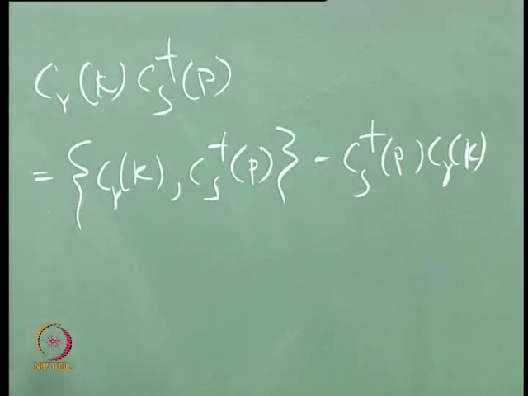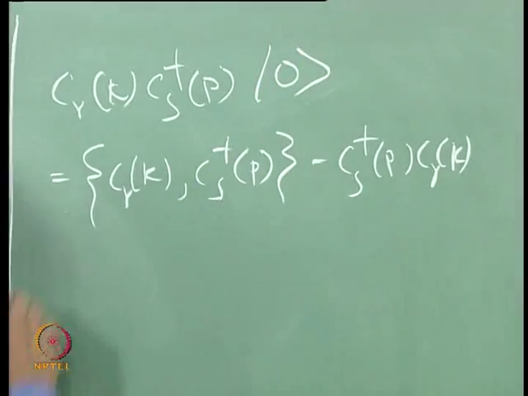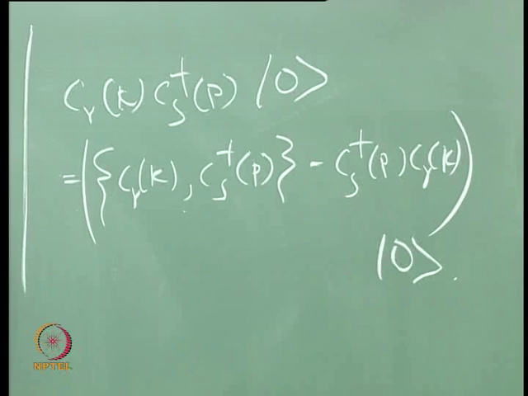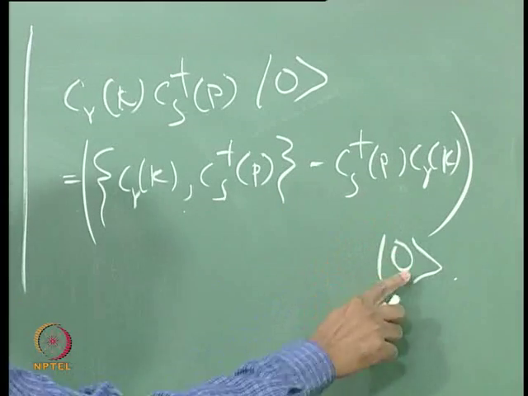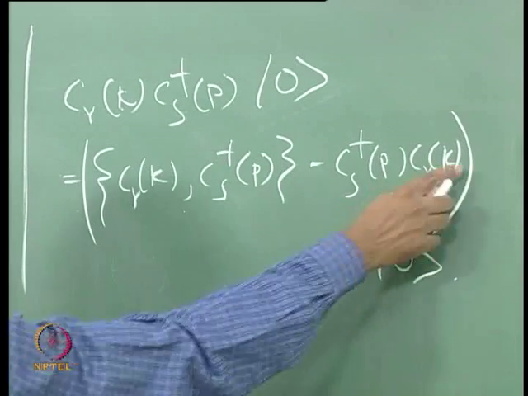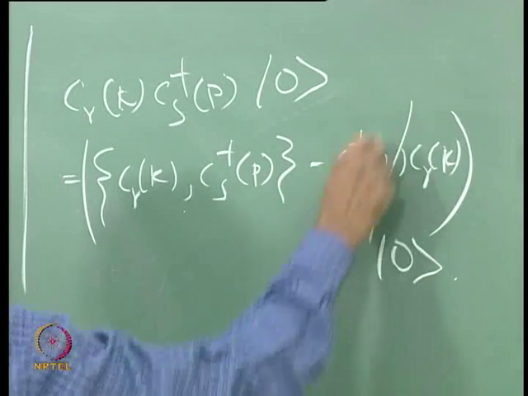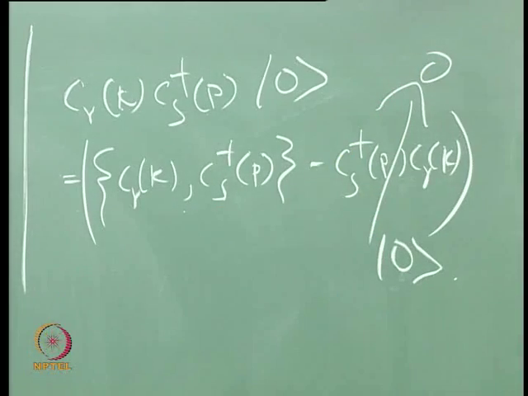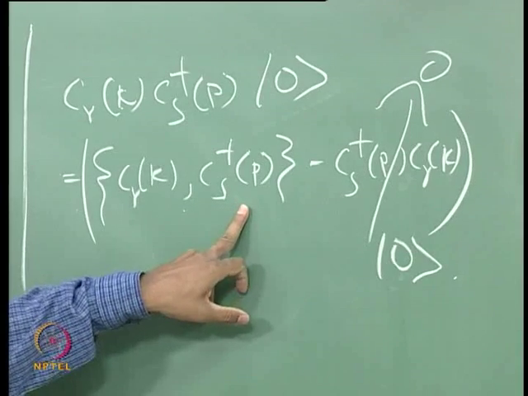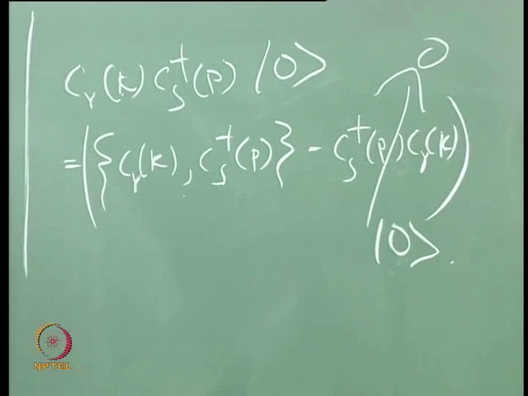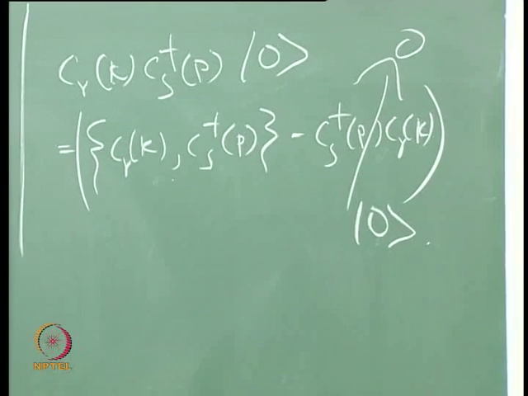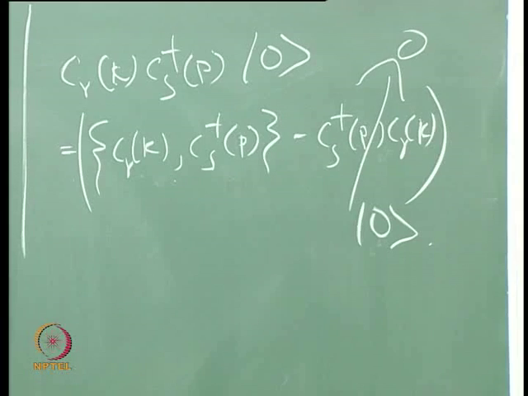Now, when this whole thing acts on the ground state, the second term has an annihilation operator acting on the vacuum. So, when c r k acts on the vacuum, it gives zero contribution. So, the only thing that is left is the anticommutator of c r k and c s dagger p, but we know what it is. This is nothing but delta rs and delta k minus p, up to some normalization.